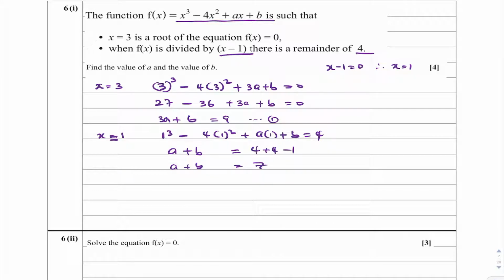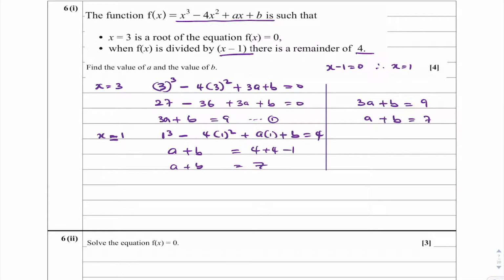Now, I get these two equations, so I need to solve them simultaneously to find a and b. The first equation is 3a plus b equals 9. The second equation is a plus b equals 7.